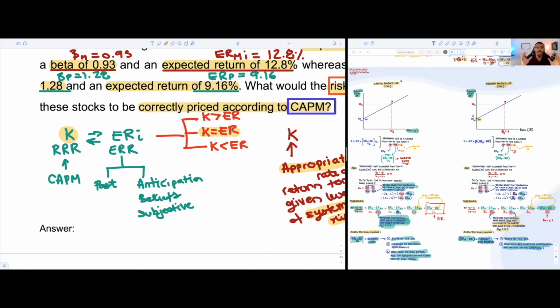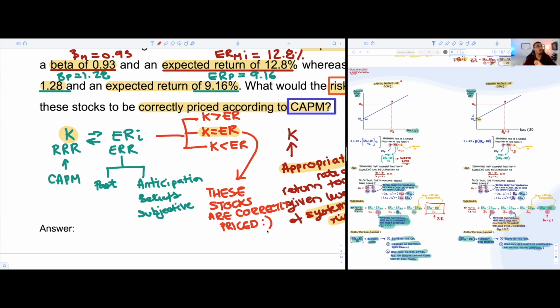That specific instance, we're going to actually call it an instance where, and I'm sure you guessed it by now, these stocks are correctly priced, okay? A little smiley at the end.